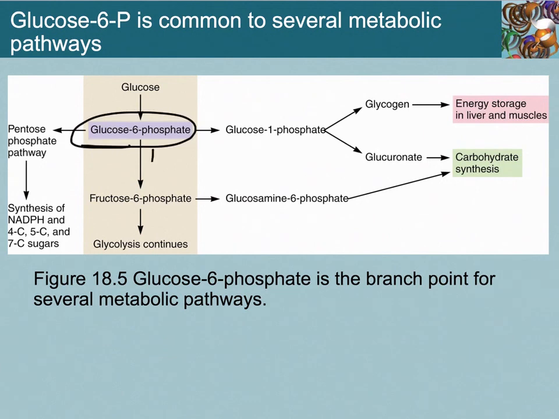It can go along the glycolytic pathway here. Okay? And make fructose 6-phosphate, and glycolysis will continue. It can be used to make glucose 1-phosphate, which goes on to form glycogen. It can be processed in the pentose phosphate pathway and used to make the synthesis of certain nucleotides.